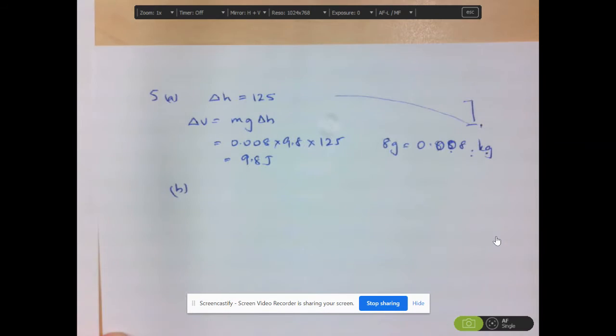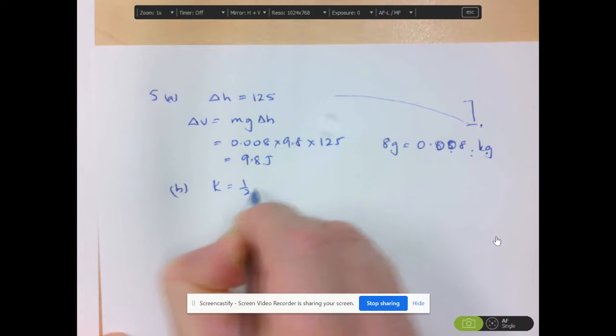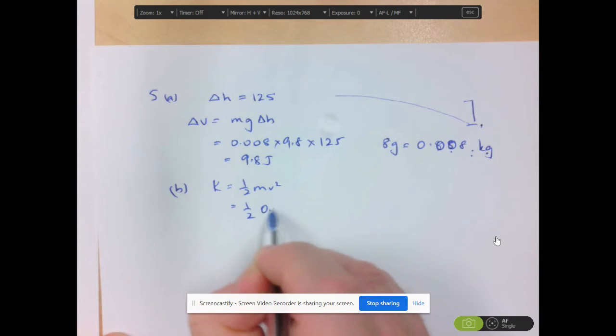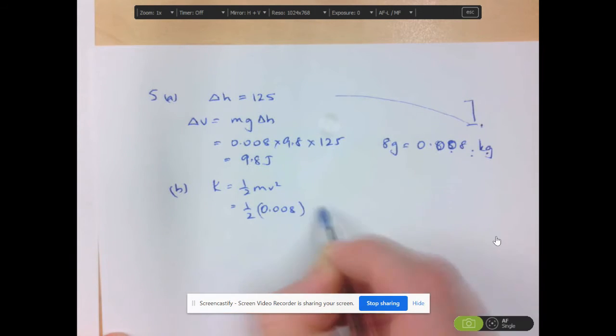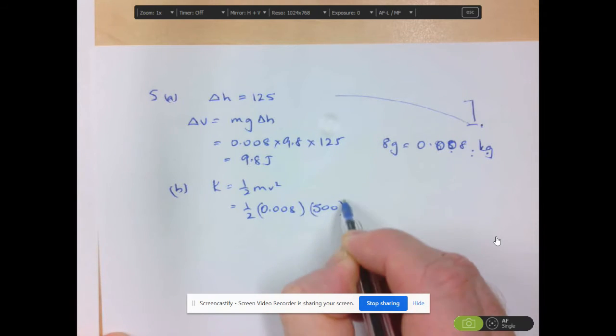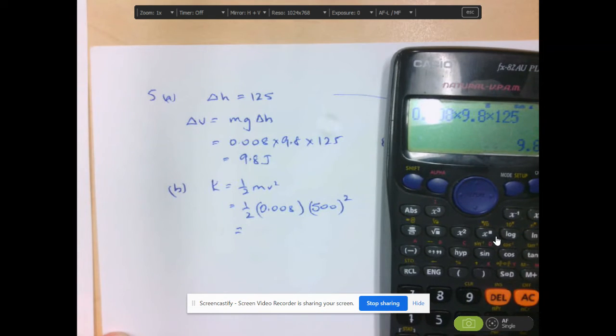B, we have to calculate the bullet's kinetic energy when it leaves the gun. So the kinetic energy would be a half mv squared. So it's a half times the mass, which is 0.008, times the velocity. Now it's massive velocity, obviously being a gun, and so it's 500 meters per second, all squared, not per second squared, that's acceleration.